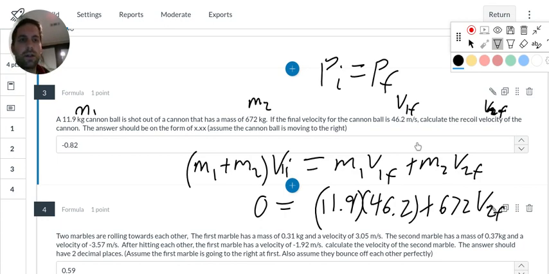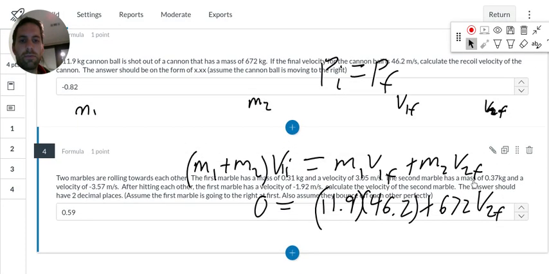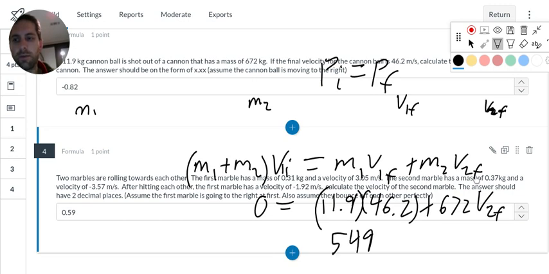All right. I should just be able to plug all these in. 11.9 times 46.2 is 549.78, make that negative.